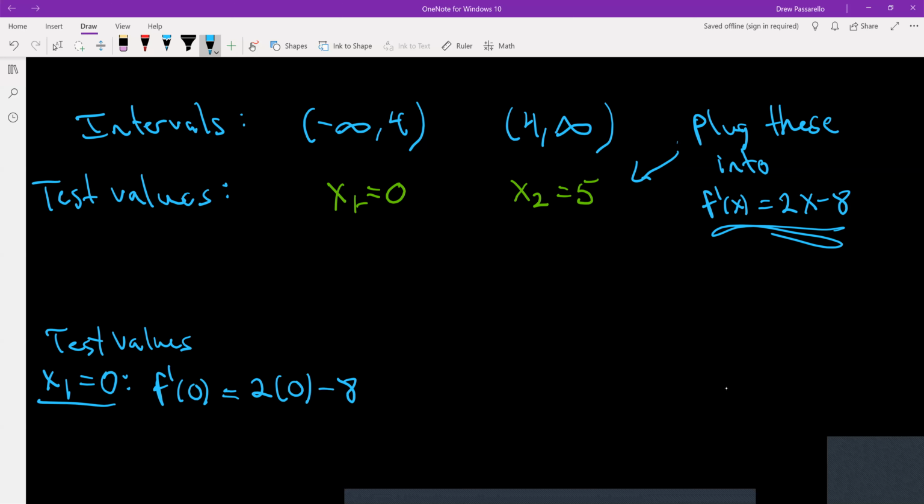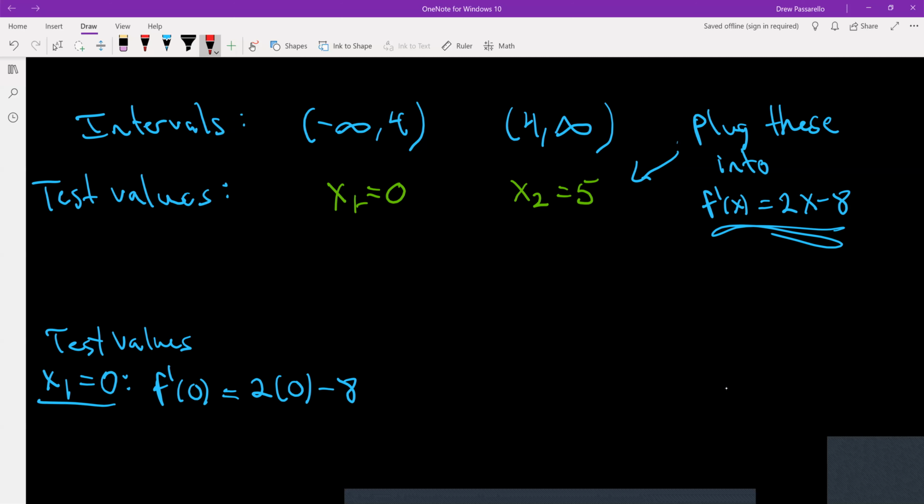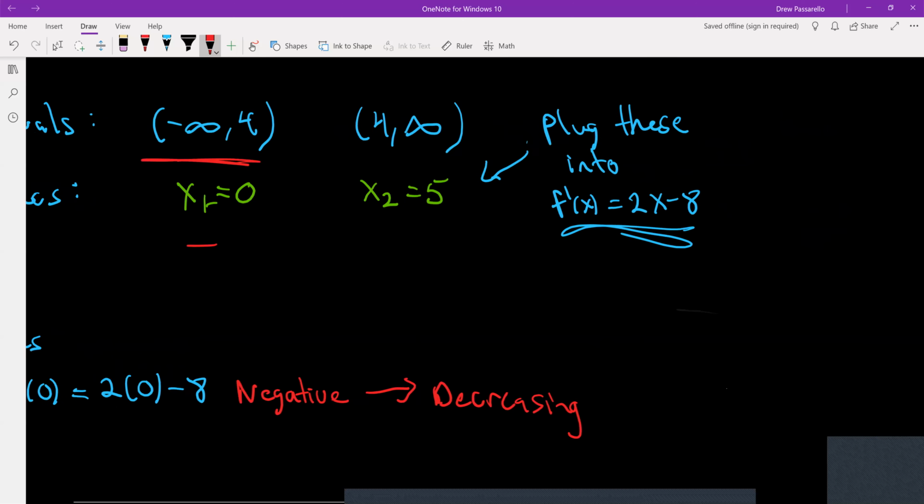Well, that's minus 8, so that's going to be negative. The value negative 8 itself doesn't matter, it's just the sign. So this test value produced a negative first derivative. That means the function is decreasing, and that occurs under the interval negative infinity to 4, since that's where my test value came from.